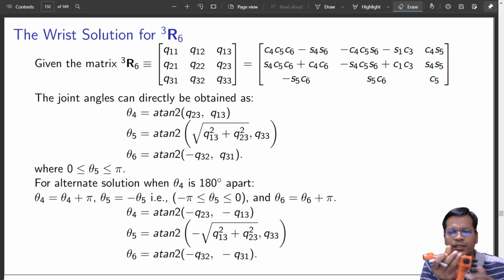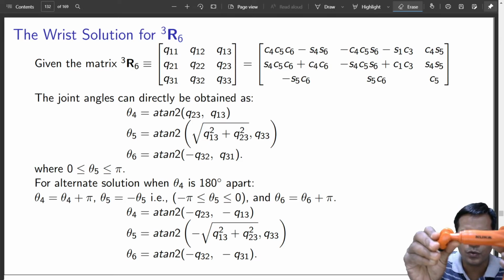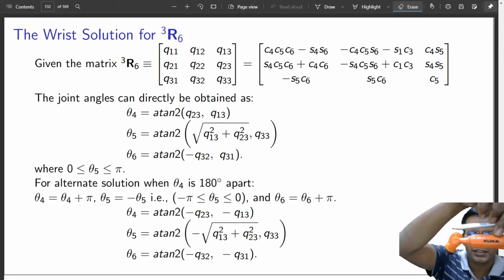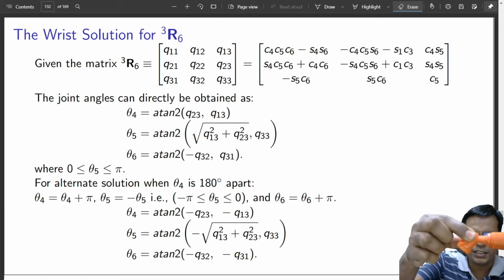Now look at this model carefully. Let us say this is oriented like this. Theta 4 is basically this angle, this link angle, if you can see this. If it is oriented like this, if this is theta 4, there must be some angle here.